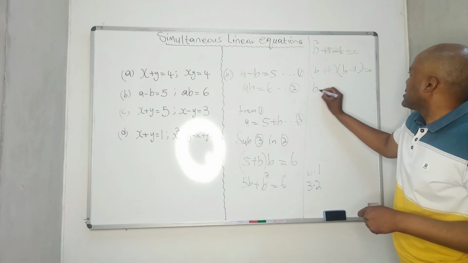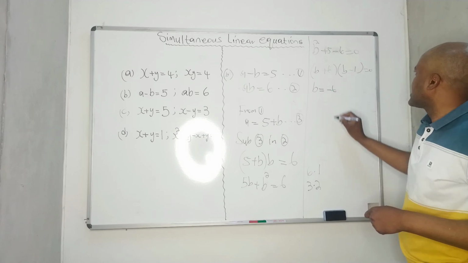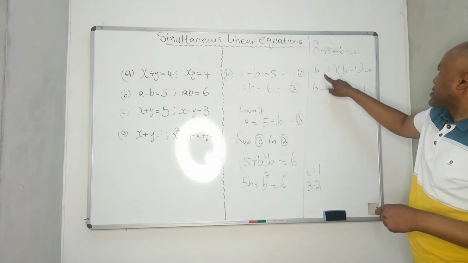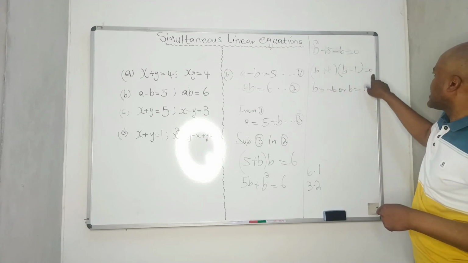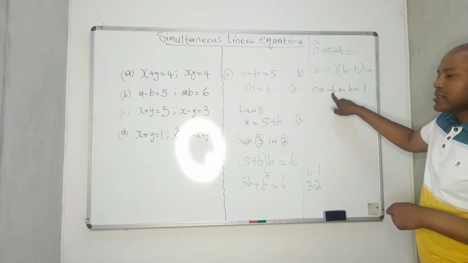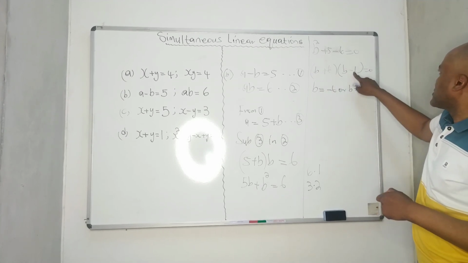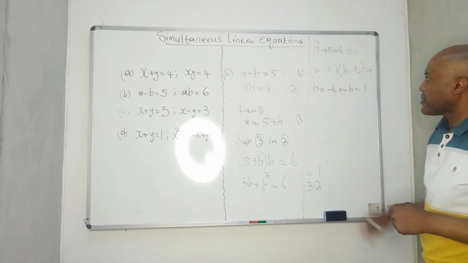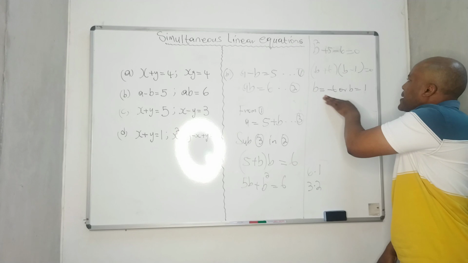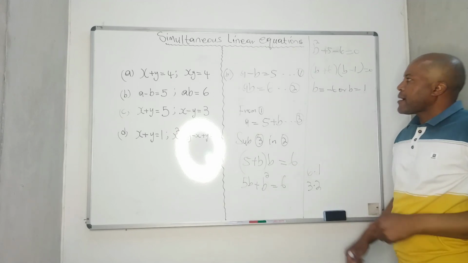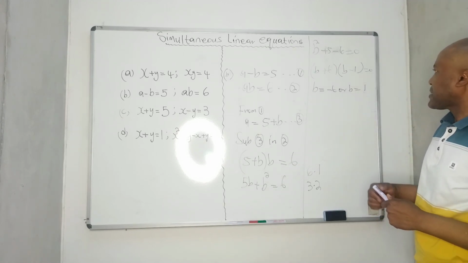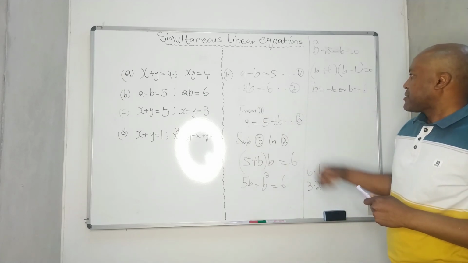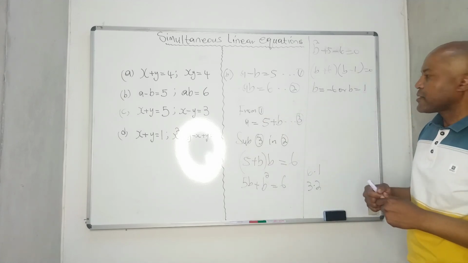So obviously b will be equals to negative 6, or b will be equals to 1. You take this positive 6 to the other side, the sign changes to be negative 6. Take negative 1 to the other side, the sign changes to be positive 1. So those values should be substituted at equation 3 in order to find the value of a.